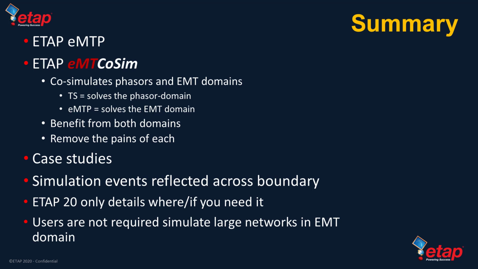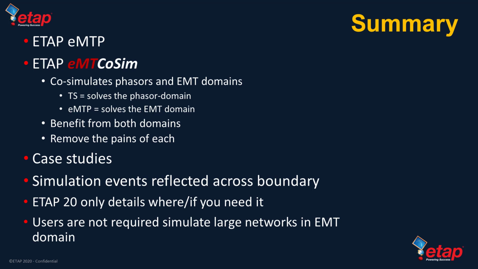This new product reaps the modeling benefits of each domain and also removes their pains by addressing them outside of the domain boundary. We showed a few case studies to demonstrate how you can have highly detailed network models in eMTP without compromising simulation speed. We also showed that power can flow through the boundary and that events on any domain propagate to the other.